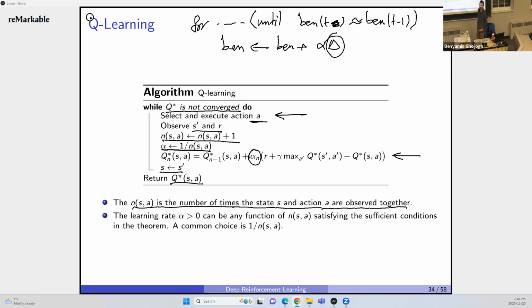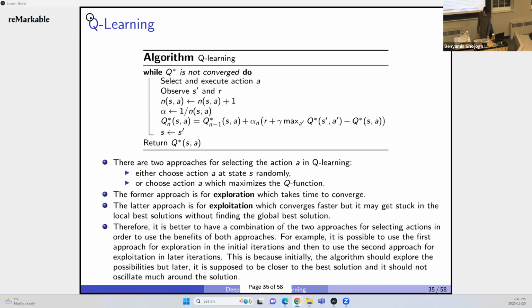Now replace Ben with Q. Initially I have some random Q for S and A. What do I mean? I randomly say that in this state, if I do this action, this is my value. Who said that this value is correct? You update that value using this temporal difference. Do you get it? Now we'll see some example. Oh, by the way, before that, how do we find this action A?